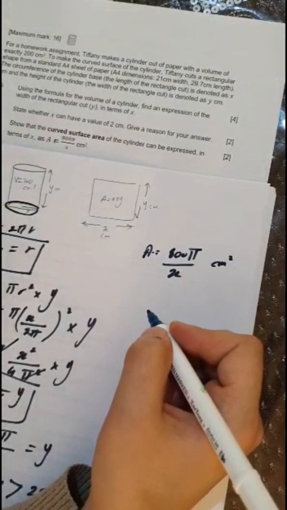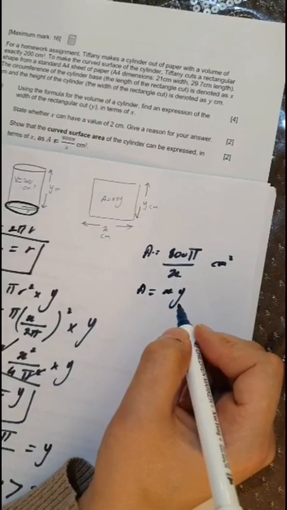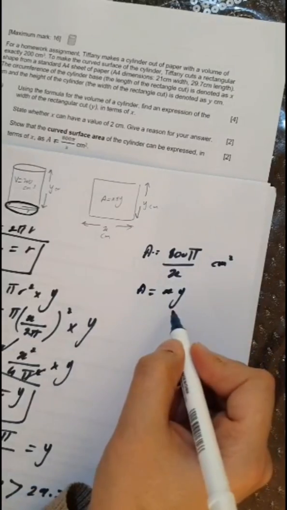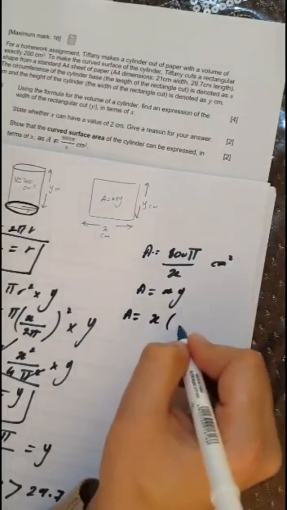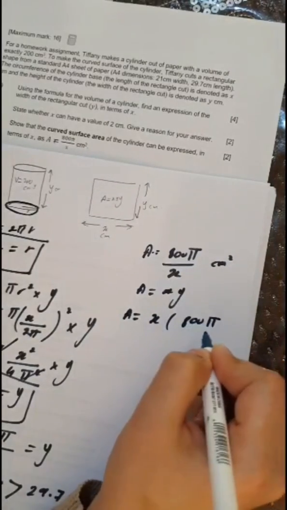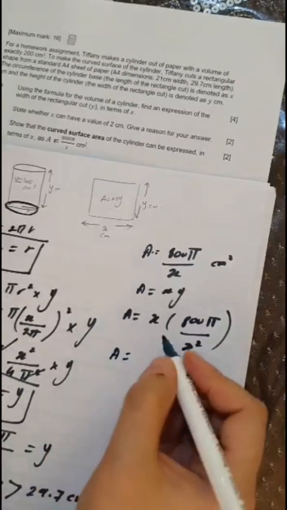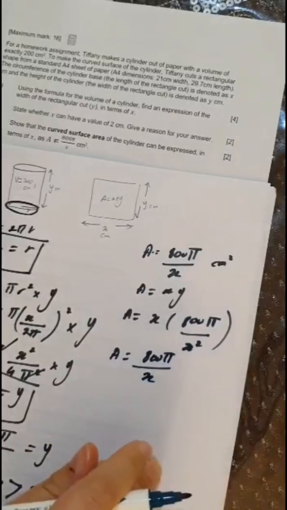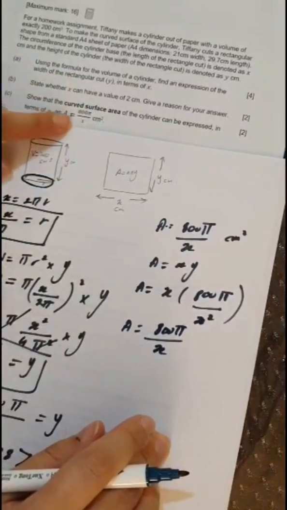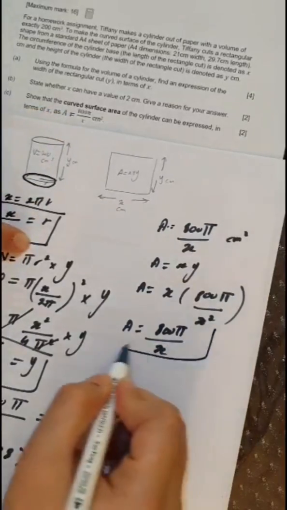And if I want to get this, I need to say A equal to 2π multiplied by x multiplied by y, and they said in terms of x, so I need to replace y here by the value we got already before, which is 800 over x squared. And if I want to simplify my work more, I'm going to get it equal to 800π over x. So this is to write this area in terms of x. And we're done with this part.